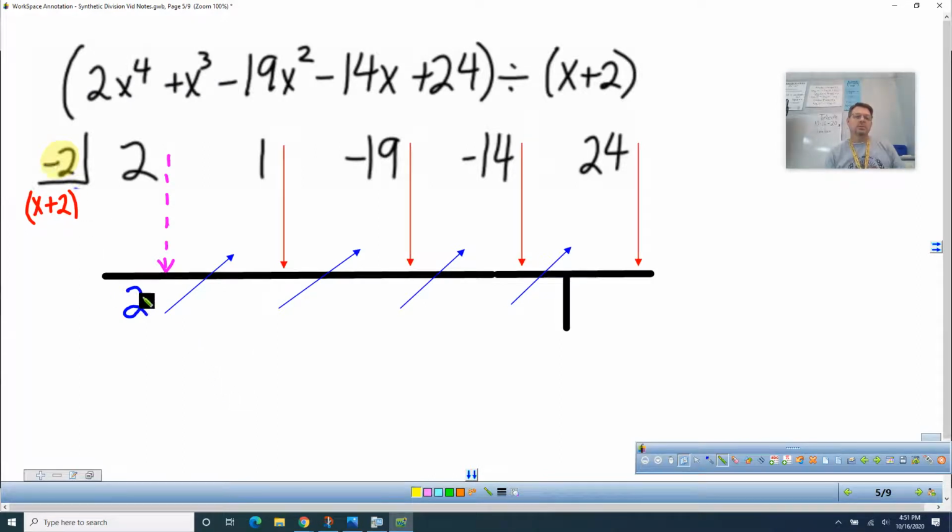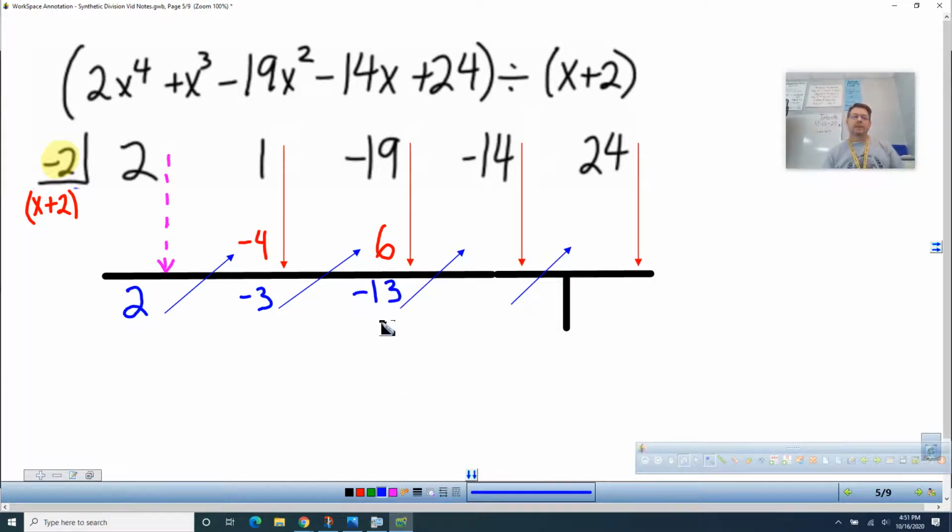So negative 2 times 2 would be negative 4. Then 1 plus negative 4 would be negative 3. Now we're going to multiply. Negative 2 times negative 3 is positive 6. And negative 19 and 6 will give me negative 13.